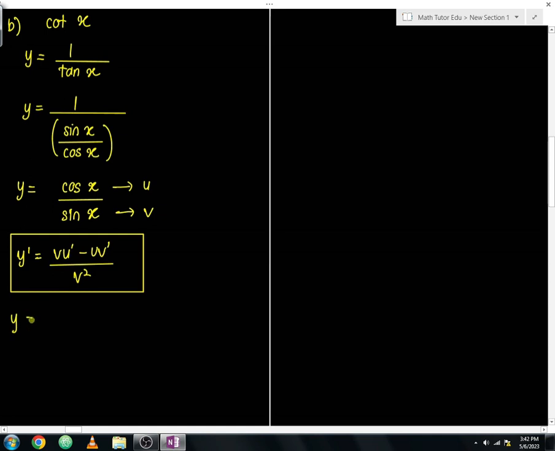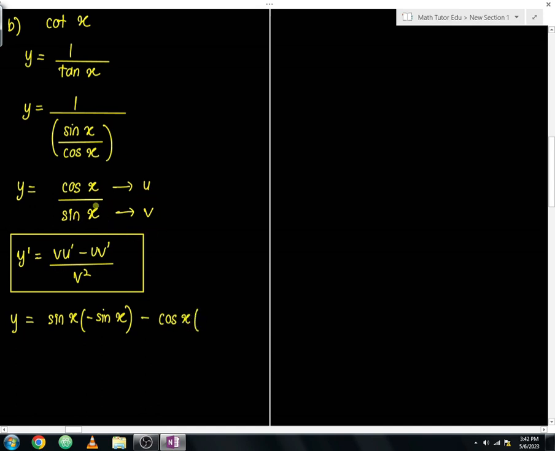So y is equal to, v in this case is sine x, so let me just write here sine x. u prime in this case is the derivative of cos x, so you differentiate cos x, you get negative sine x. And then minus u, which in this case is cos x, just write here cos x, and then v prime.